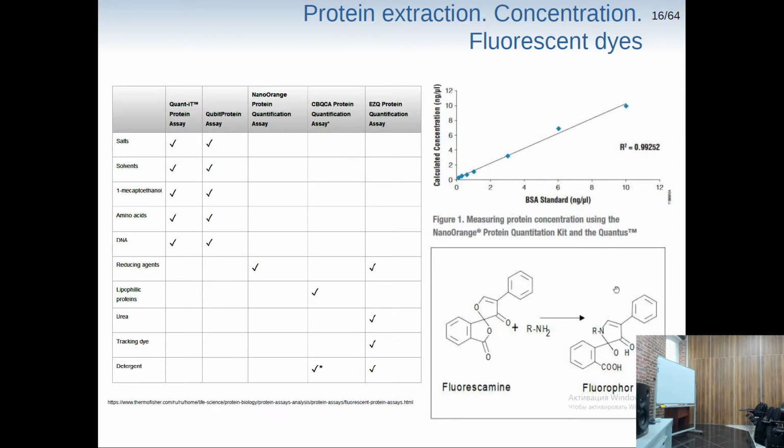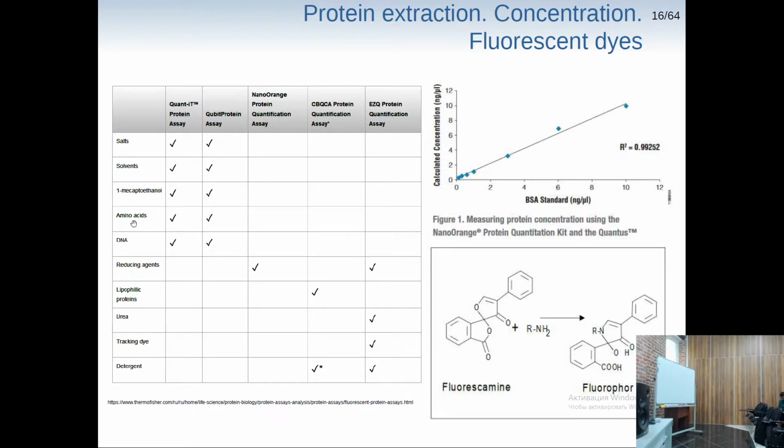And only after it is covalently bound to the protein, it will start to fluoresce. What is actually fine here, as you can see, this calibration curve and standard is linear. So for linear function, you actually need how many points? 2 points only.